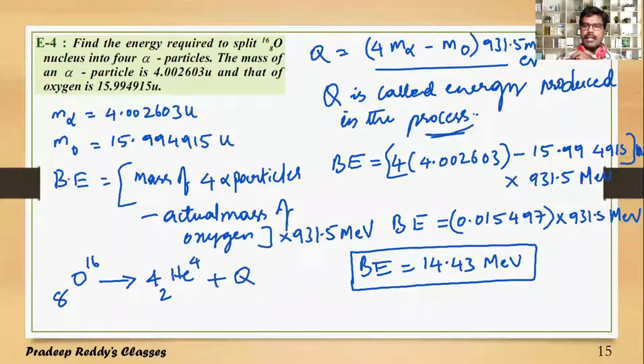So in order to split it into 4 alpha particles, you need to provide 14.43 million electron volt, which is greater than the average binding energy of the nucleus, right? So this is the Q value obtained.